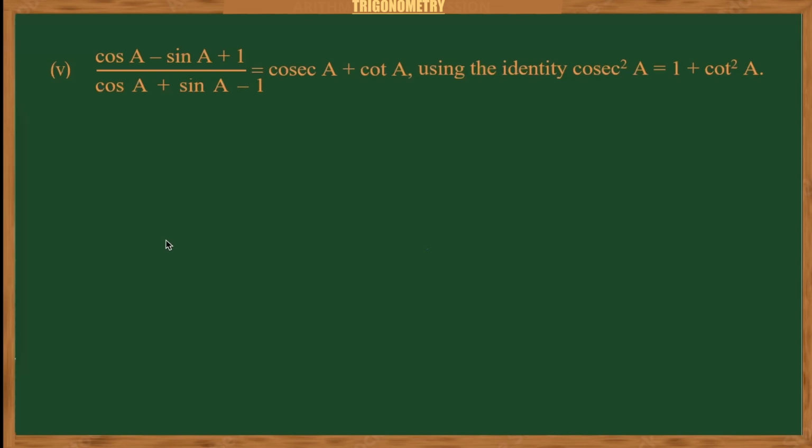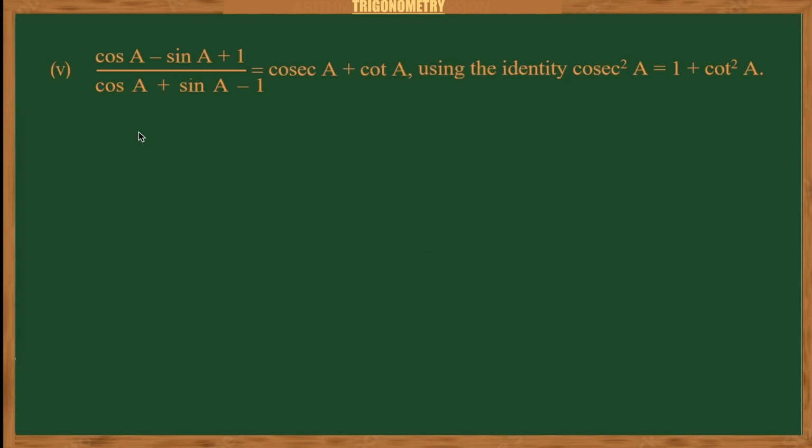So here we can go with the simplification, using the identity cosecant square A is equal to 1 plus cot square A. So what is cot? Cot is nothing but cos by sine, and cosec is the reverse of sine.